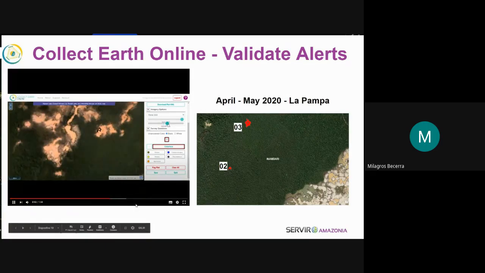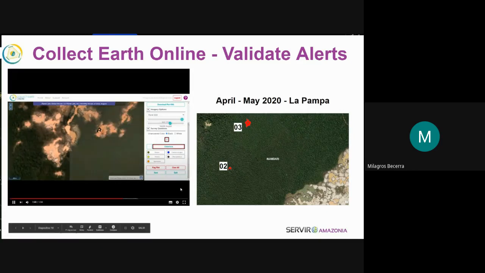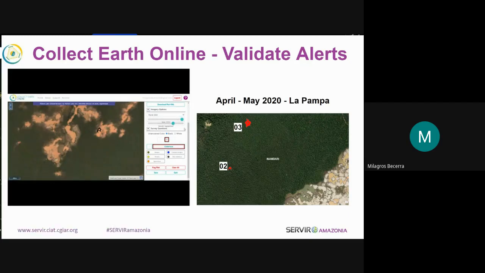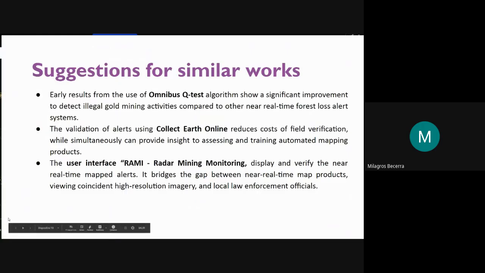But when you go to Collect Earth Online and compare with the Planet monthly mosaic, you can see how the mining activities increased. And yes, the users found it really useful because they can know when the mine alert occurred. Next slide.